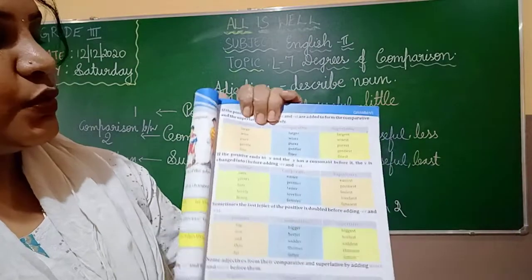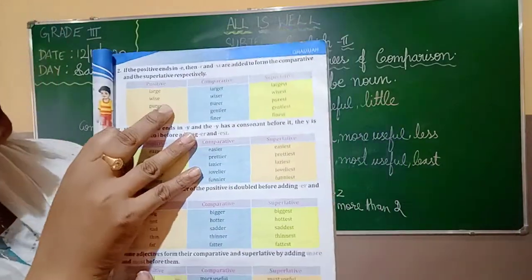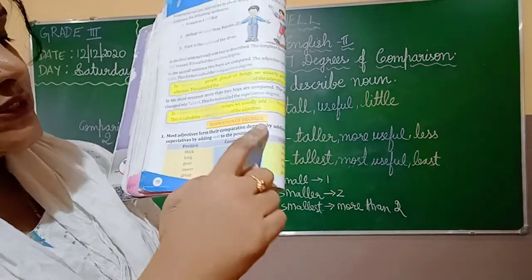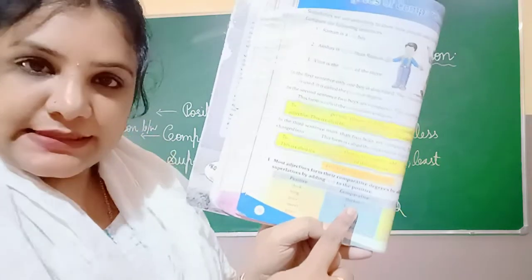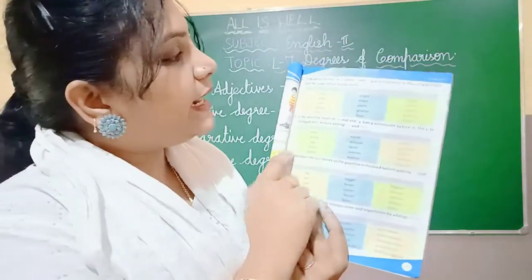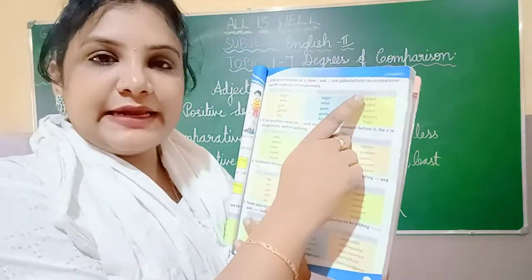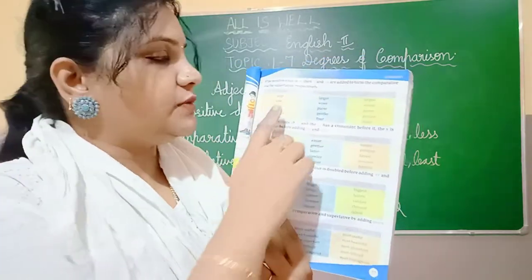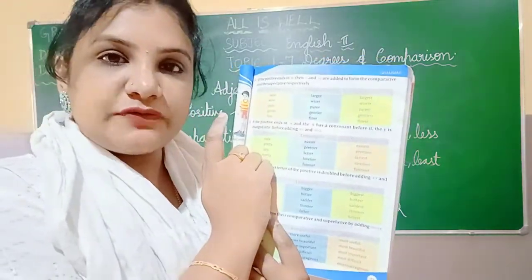Now next, when you come to this page, okay, here the comparative degree was er and est. We added er and est, correct? Now here what do we add? We add r and st, only r and only st. We have removed the e from both. Which are those words for which you have to remove like that?